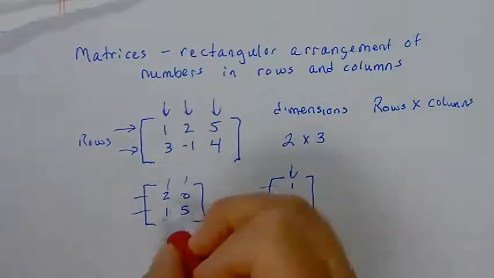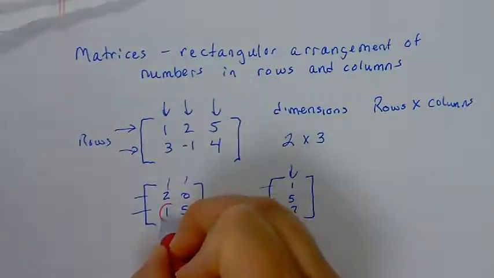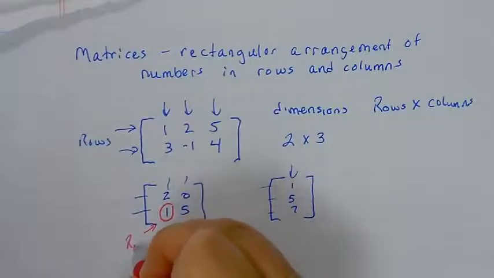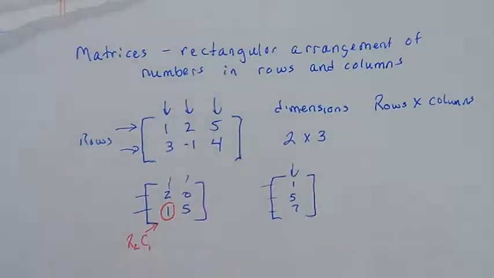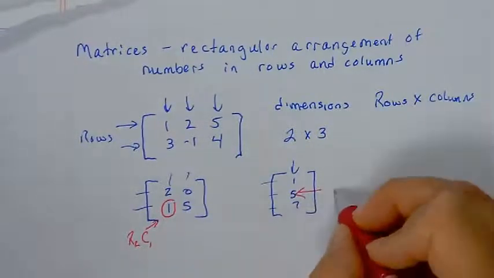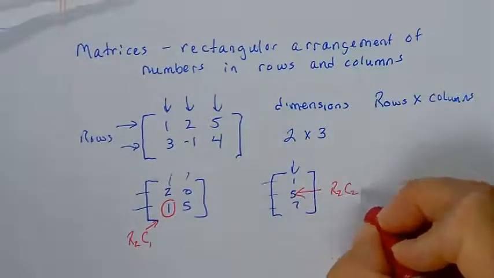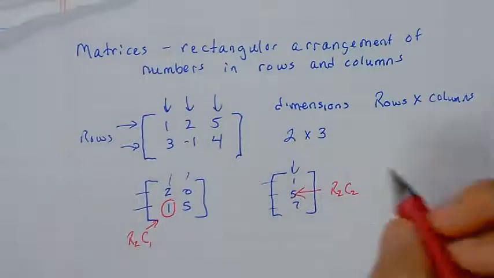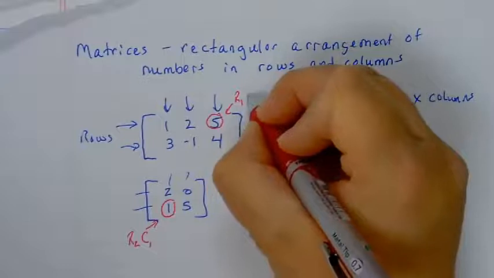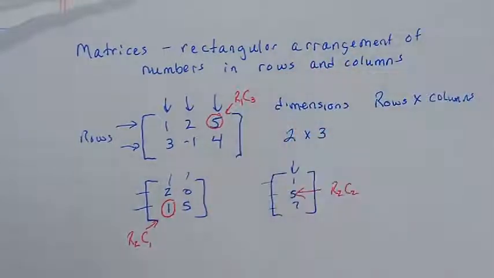I've seen it called 2 different things. So for instance, this would be the element that is in row 2, column 1. This element would be in row 2, column 2. This element would be row 1, column 3.